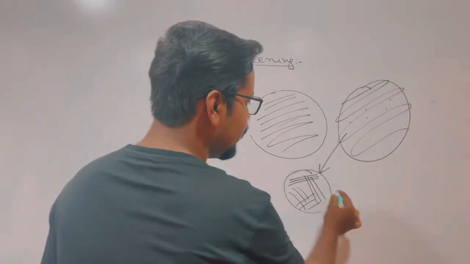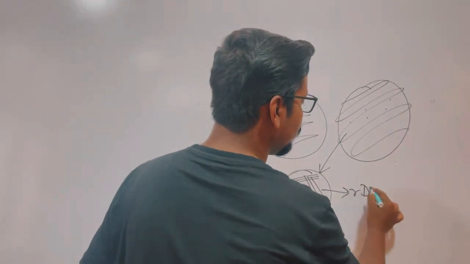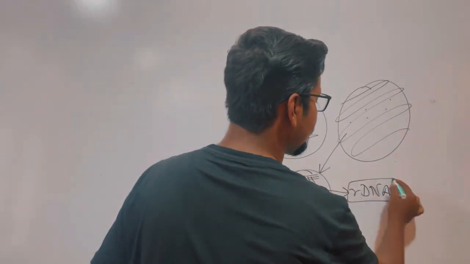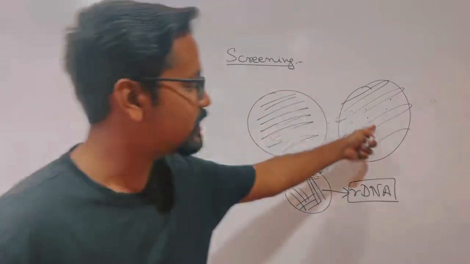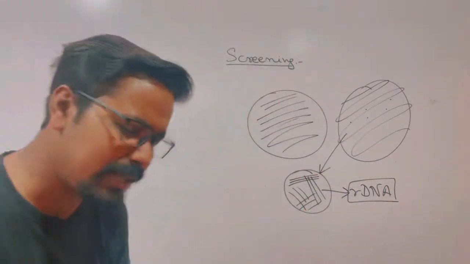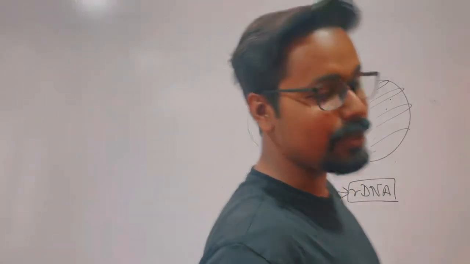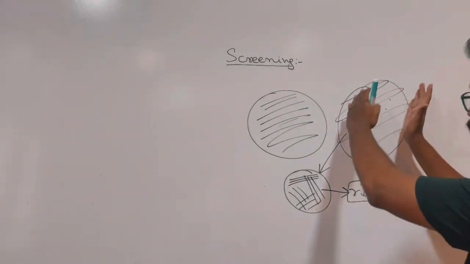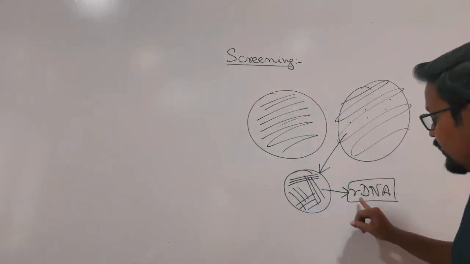These colonies here are all containing the recombinant DNA only, because we have done our screening process by using, for example, antibiotic resistance, and by using this process we have taken out all the cells that contain the recombinant DNA.